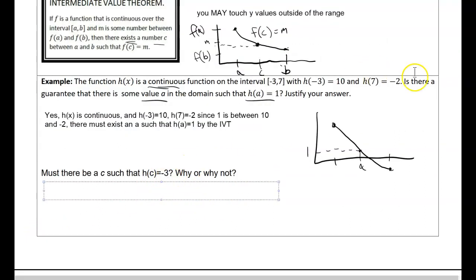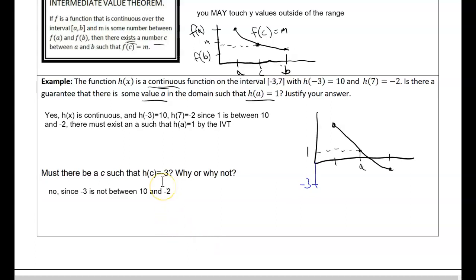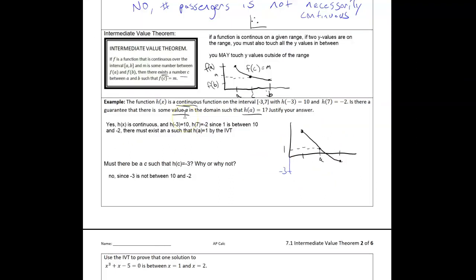Now here, notice -3 is not between -2 and -10. So -3 is down here. So my answer here is no, since it's not in our range. So that's our 22 miles example. Again, this is common sense, right? Except the notation looks challenging, but the ideas are not hard.